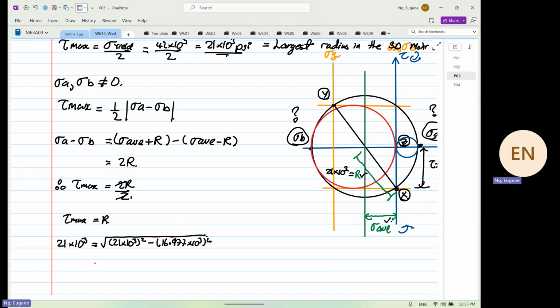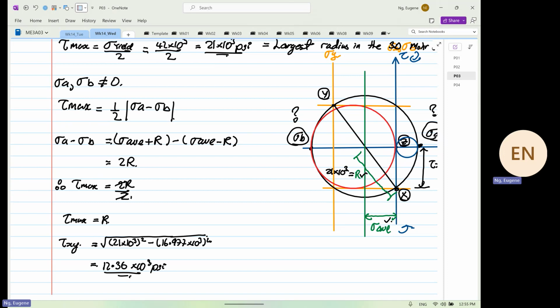So from here, this is shear XY, I do apologize. We still want to determine our shear XY. So shear XY will be equal to the square root of 21 to the power 3 squared minus 16.977 to the power 3 squared, which is 12.36 times 10 to the power 3 psi.